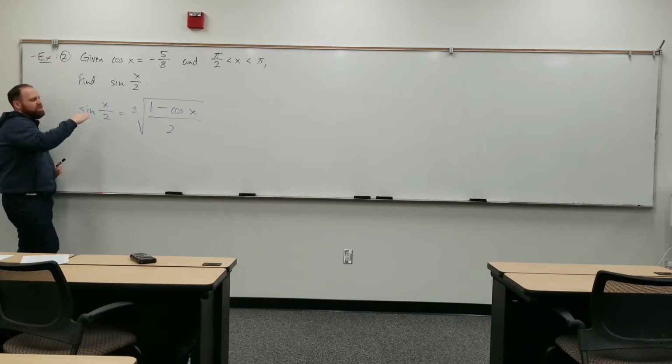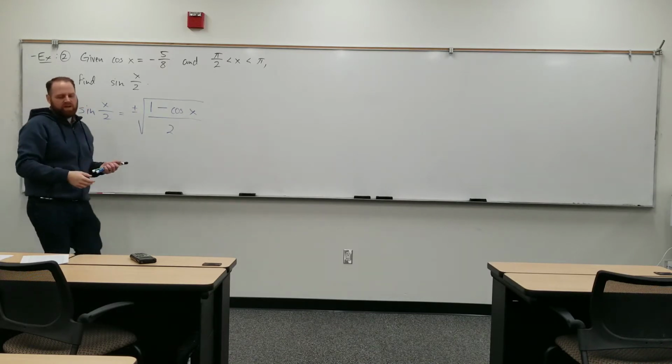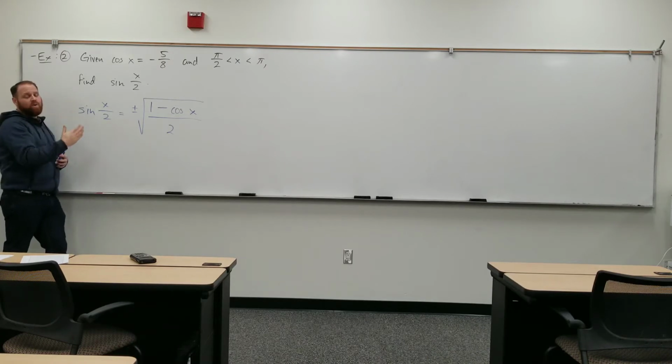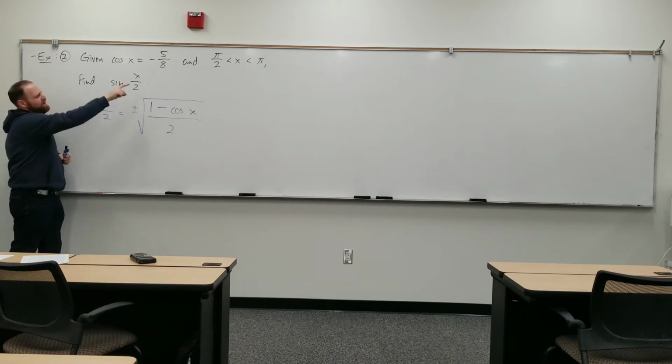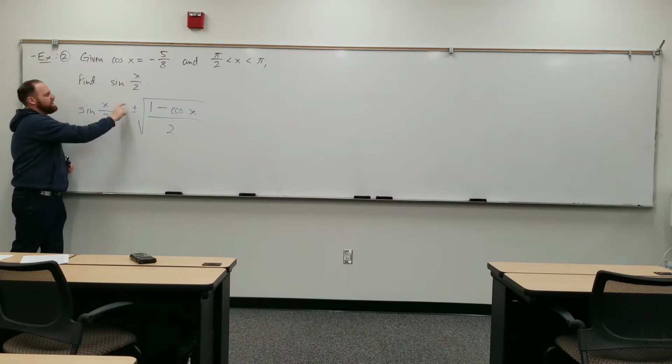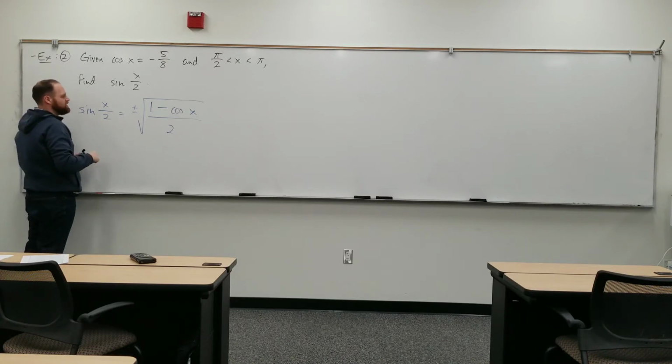The biggest x could be is just under pi, just under 180 degrees, so let's say it was 179 degrees. When you divide 179 by 2, you end up with 89.5, which is in quadrant 1. So x over 2 should definitely be in quadrant 1, and sine is going to be positive in quadrant 1.